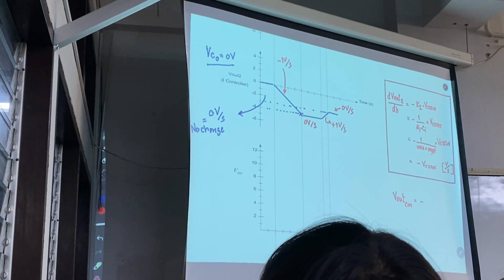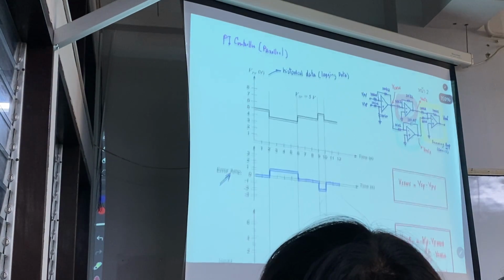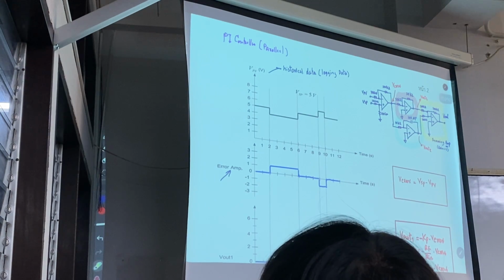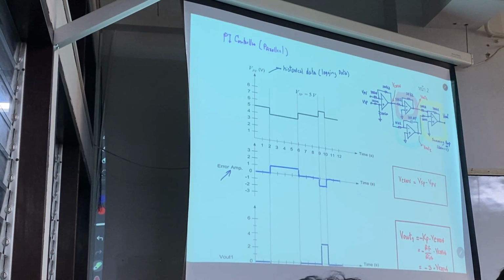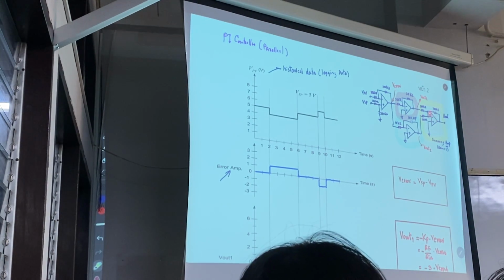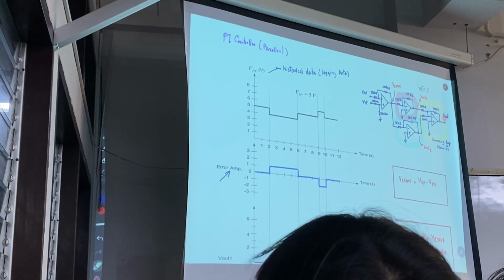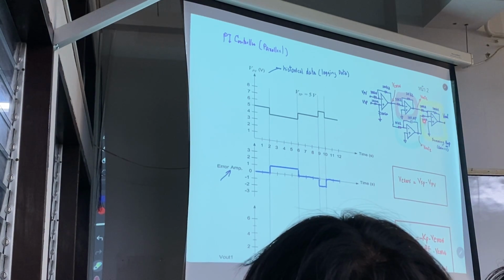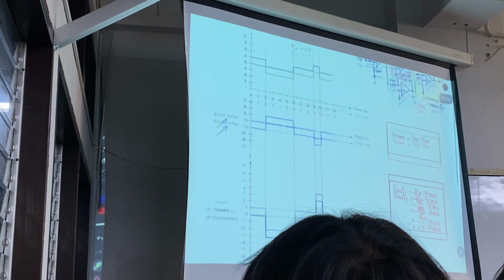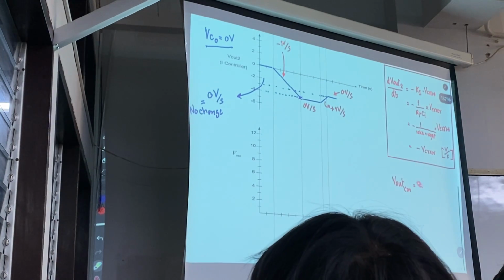is equal to minus. Why is it minus? Because both input voltages of the summing amplifier are at the inverting pin. So the output will be inverted from the Vin, and you will get the minus here.